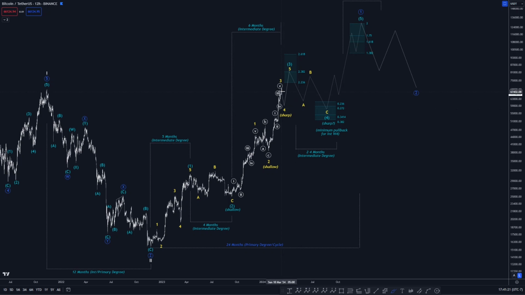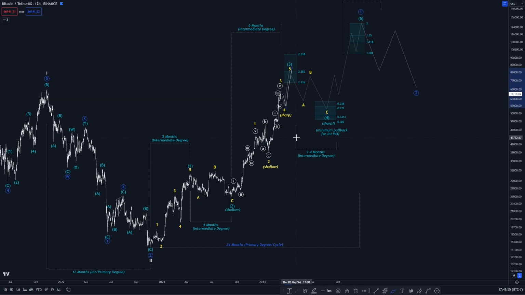But due to how we had a sharp retracement that took out this low for this minute wave 4, and how small this impulse is, I don't think that it's completed as itself. I think this wave 3 right here still has one more push to go, meaning it's a 1, 2, 3, 4, 5.